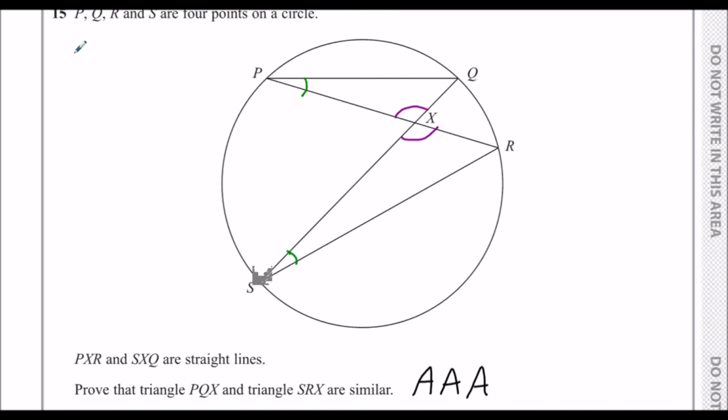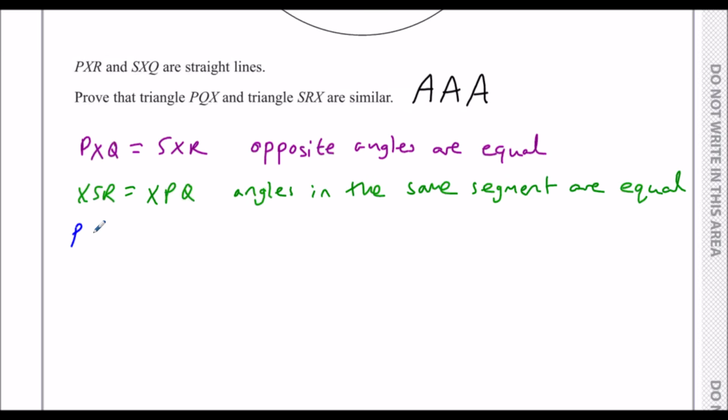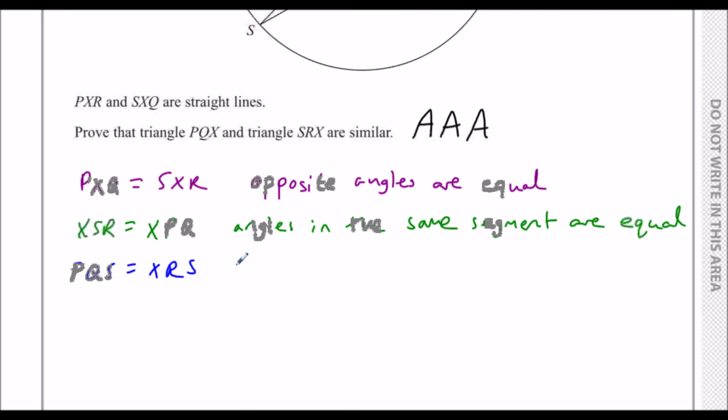And we can give the same reason for PQX and XRS. PQX equals XRS. Again, because angles in the same segment are equal.